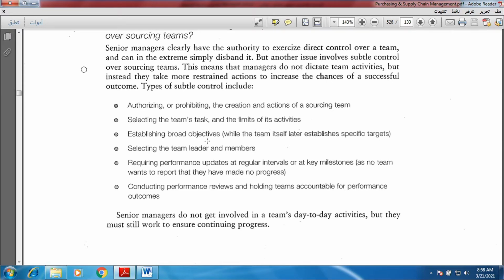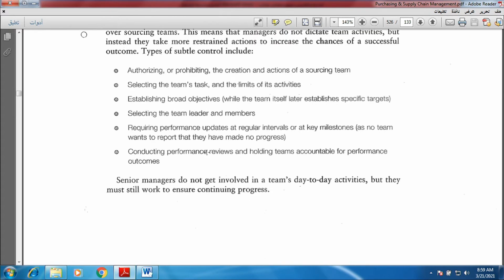The objectives, first of all, should be established by the team with the acceptance of the board of management. When we select the team leaders and members, it should be according to the understanding of the board of directors.